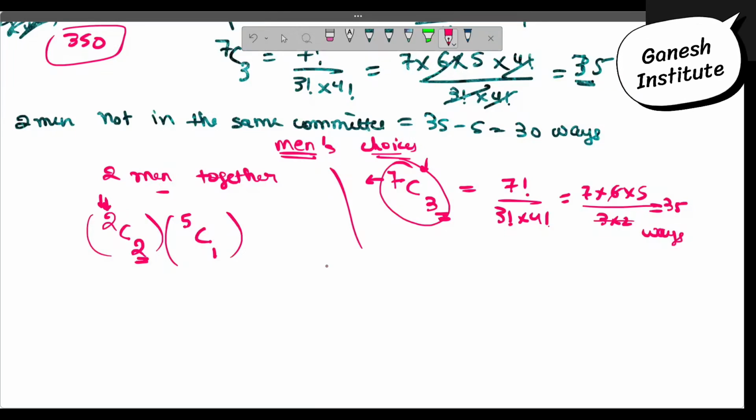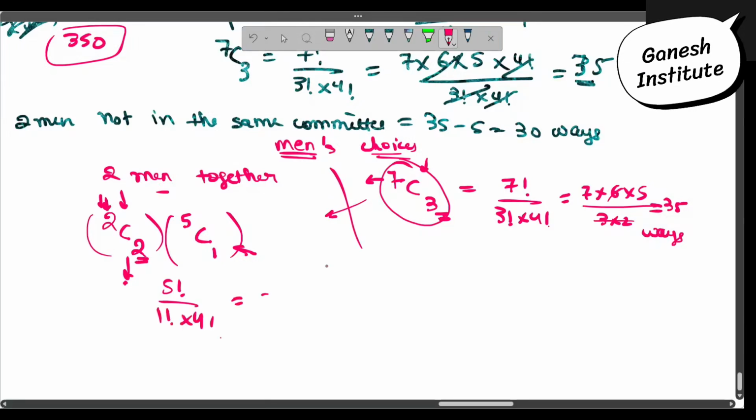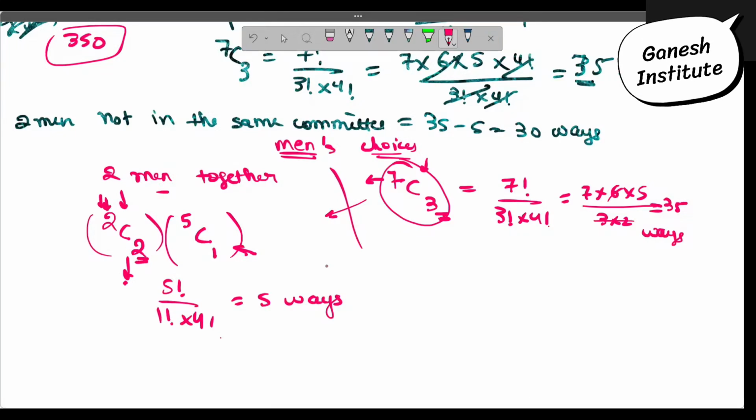So this is the combination when you are considering both of them together, and one person you will choose out of these 5. So it is 5 factorial by 1 factorial, 5 minus 4 factorial. This is 5 ways. If I solve this, it is giving me 5 ways as the answer.